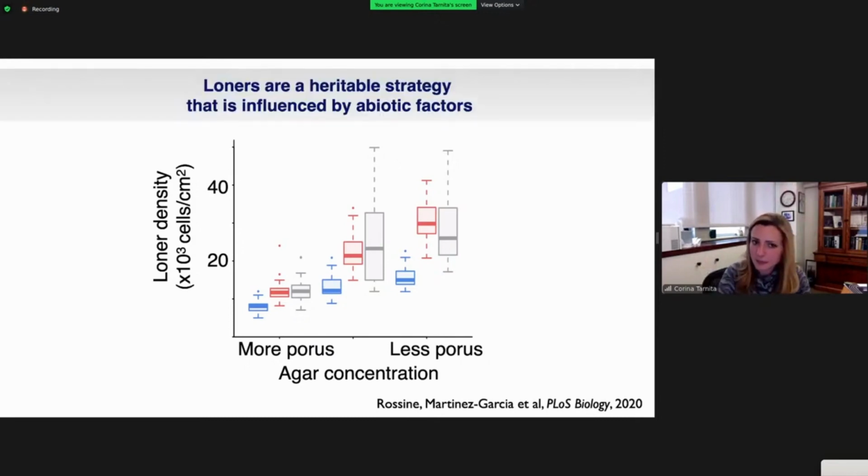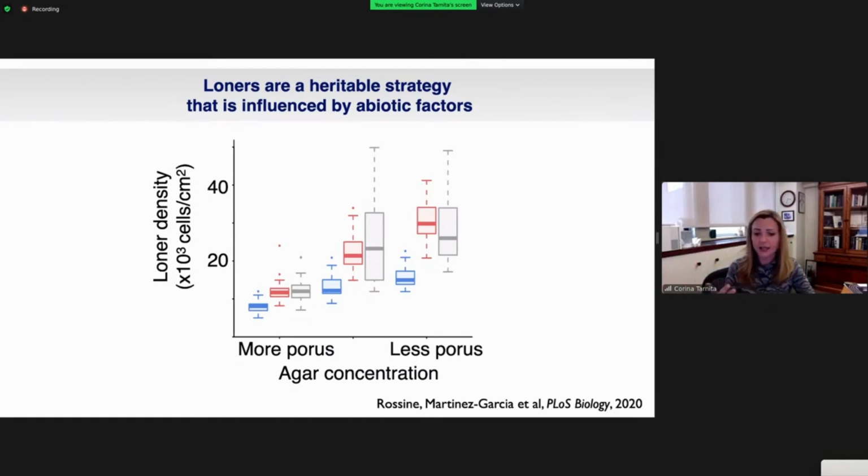So it seemed that loners were a heritable strategy that was also influenced by abiotic factors. One natural reaction would be, well, porosity of the agar is like an artificial environmental or abiotic factor because it's something that pertains to the lab.